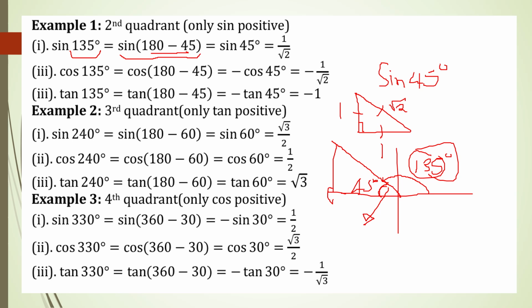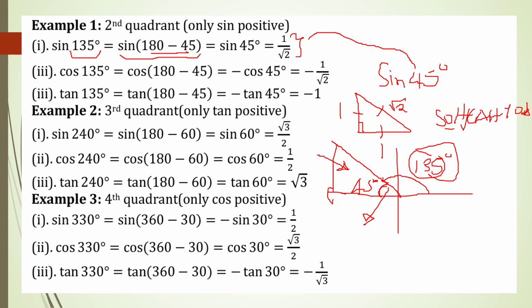Whenever you get those specific angles, you convert them into their respective ratios. So sine of 45, according to SOHCAHTOA, is opposite divided by hypotenuse. Our opposite here is 1 and our hypotenuse is root of 2, so sine of 45 is 1 divided by root of 2. But remember, we are in the second quadrant.